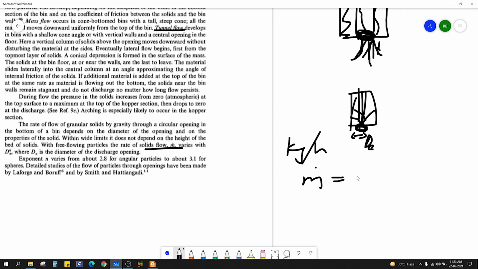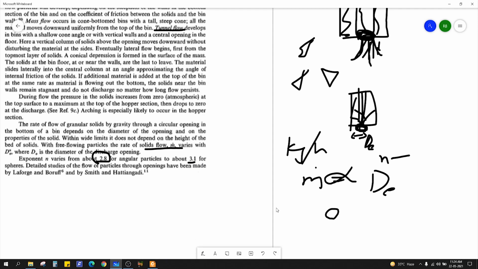It varies directly with the diameter to the power n. The value of n is about 2.8 for angular particles, meaning irregular particles, and about 3.1 for spherical particles.